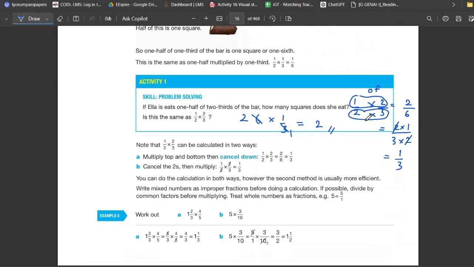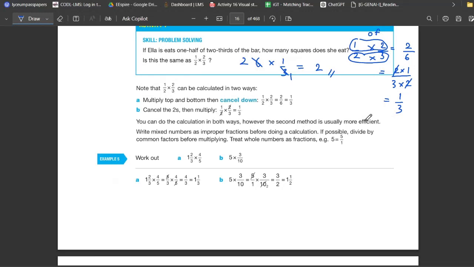Let's look at the examples. So in this example, they have given us a mixed number and a fraction. So first we have to convert this into a fraction. So what we do is we multiply these two, 1 times 3 and this one, all over 3, times 4 over 5.